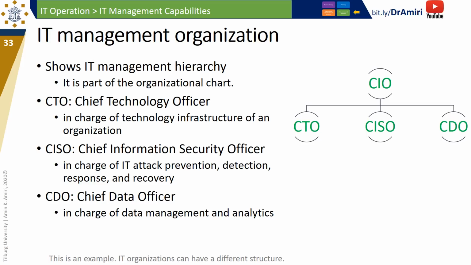CTO is the Chief Technology Officer, who is in charge of technology infrastructures of an organization. The Chief Information Security Officer is in charge of IT attack prevention, detection, response, and recovery. And the Chief Data Officer is in charge of data management and analytics. Usually you see these three roles in most IT departments all over the world.